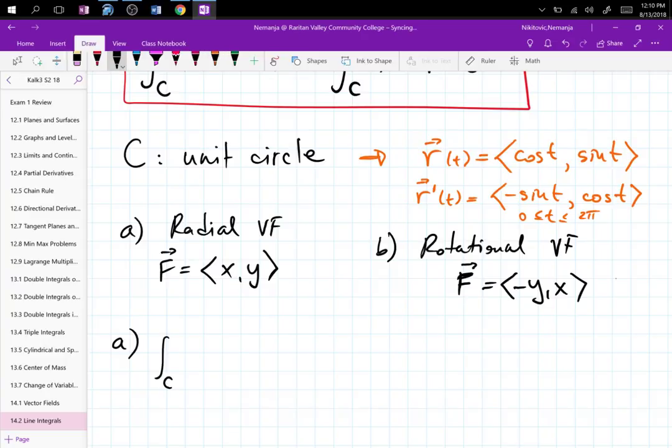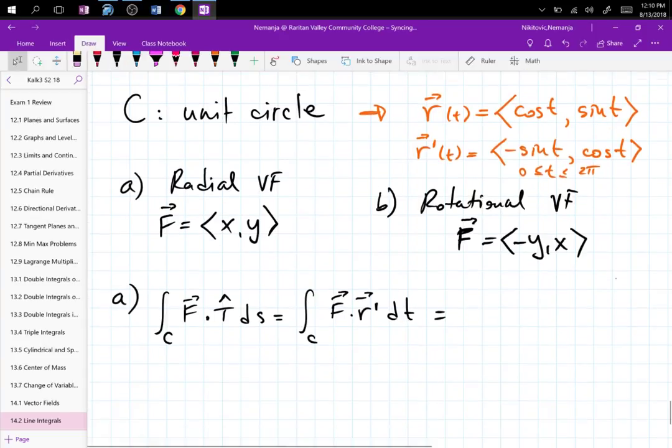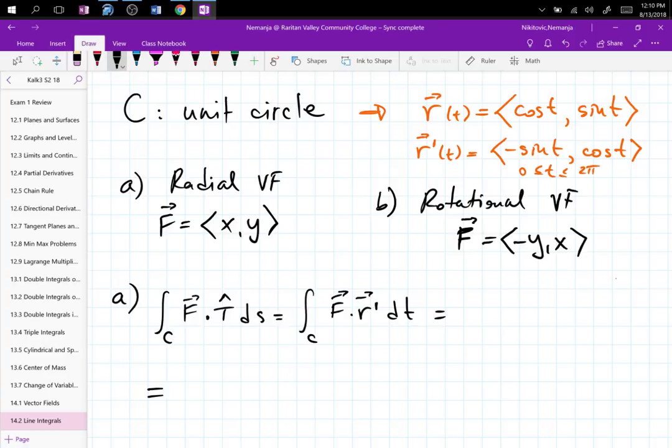All right, our integral over C of the vector field dotted with T ds is going to be converted into the vector field dotted with r prime dt, and all of that stuff now is an integral from 0 to 2 pi because we are on a unit circle. And now we chase all of the parts we need.